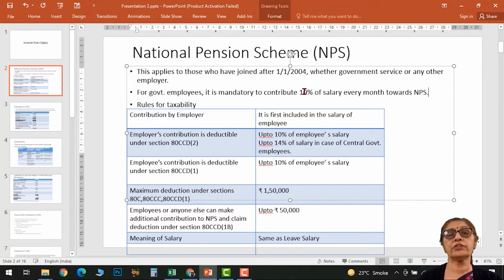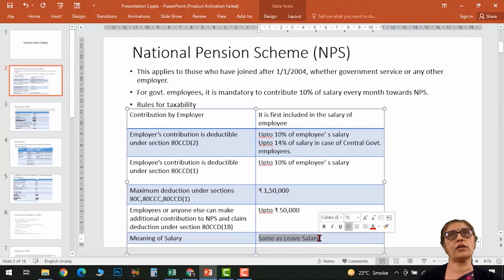And when we talk of salary here, salary means same as leave salary. That is basic, DA conditional, commission conditional, a part of the turnover. So commission is a percentage of turnover and DA is a part of salary.